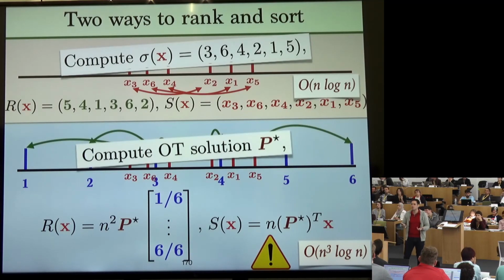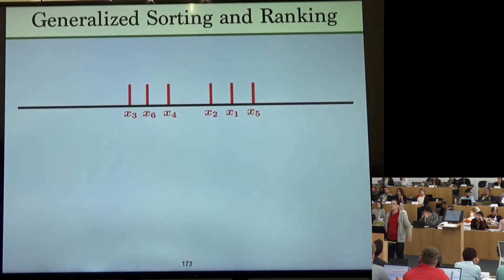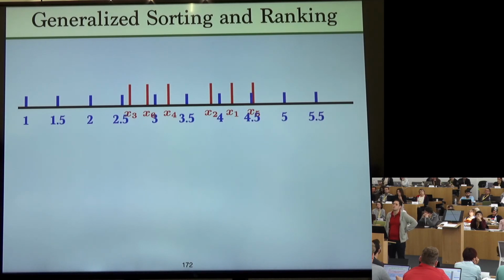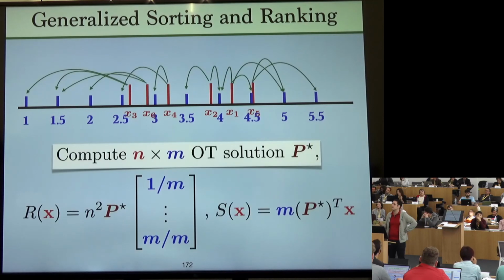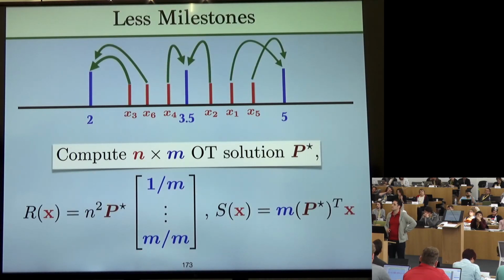However, there are a few things you can do with this different approach which you were not able to do with the first one, which is that you can generalize it in subtle ways. One way is to increase the number of milestones, and because of optimal transport, people will start splitting their mass across milestones. You could decrease the number of milestones, and then essentially two people would be mapped to one milestone. You can start playing with weights.